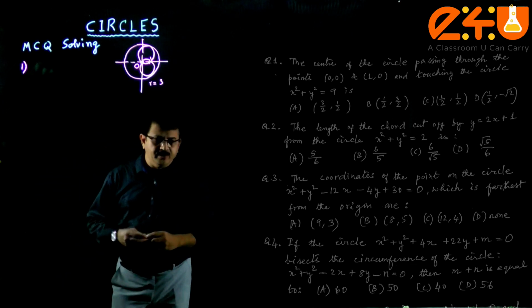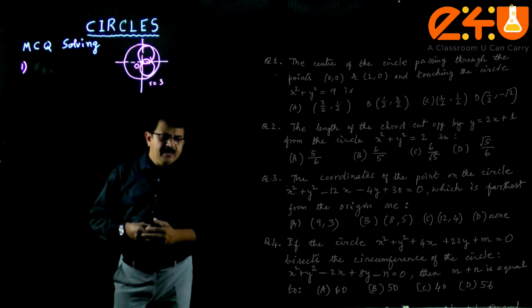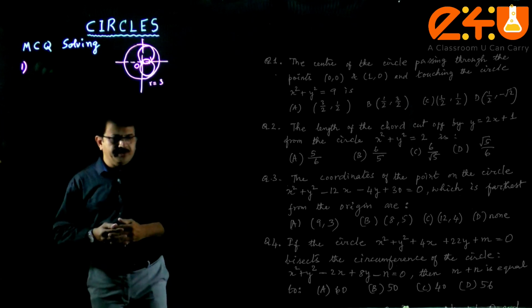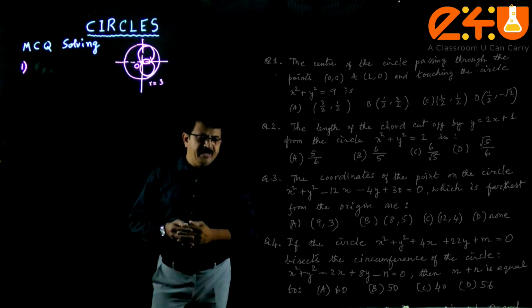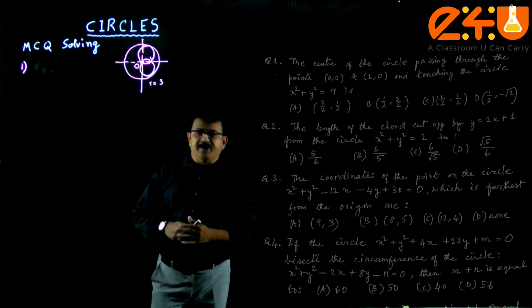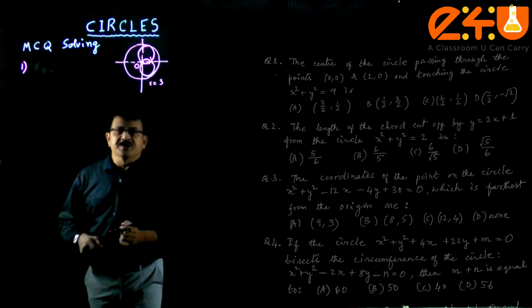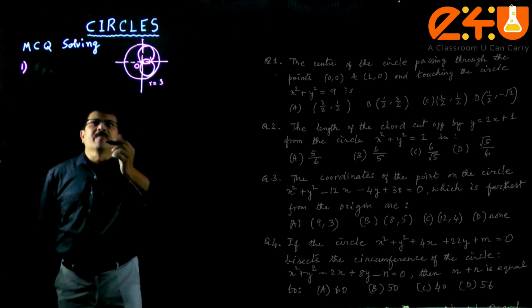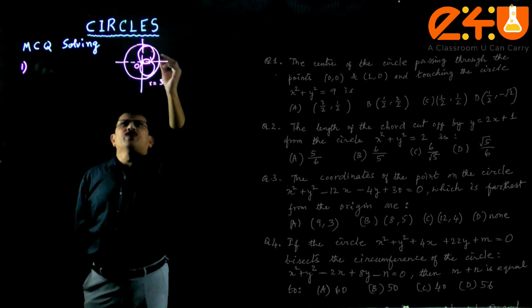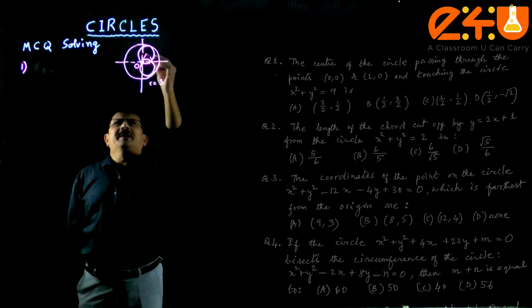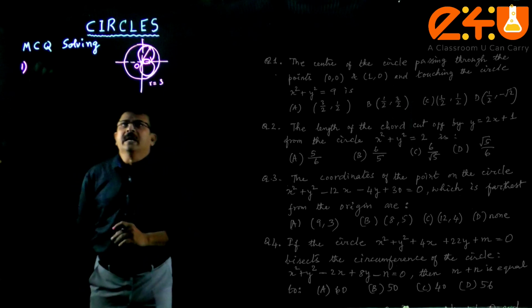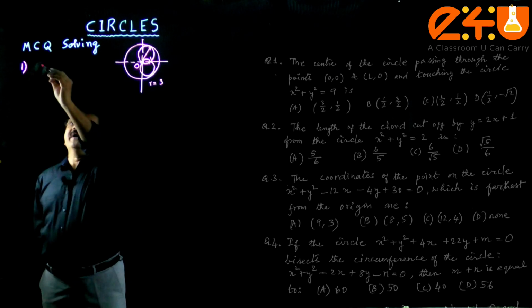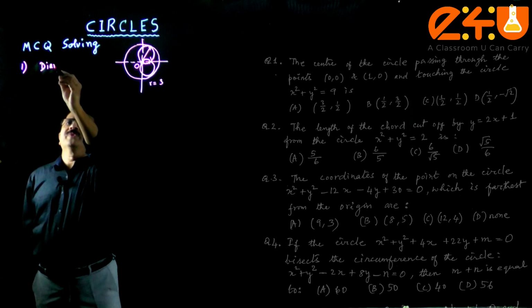The options given to you: (3/2, 1/2). Second option (1/2, 3/2). Third option is (1/2, 1/2). Half, minus root 2 is the last option. Let us see which one is satisfying our question. Well, as you can see, the diameter of the smaller circle, or the new circle, which is the circle in question, is equal to the radius of the given circle.